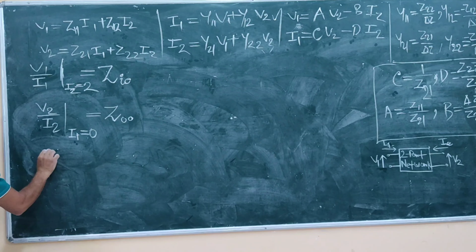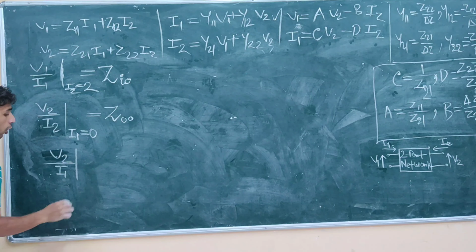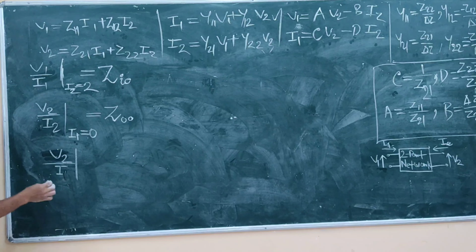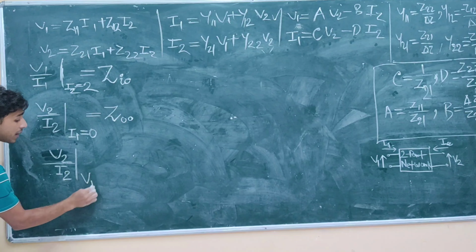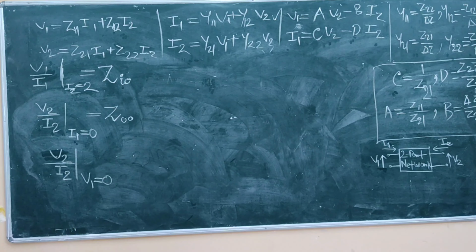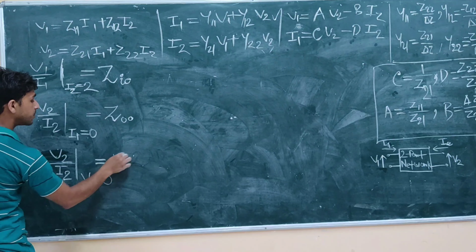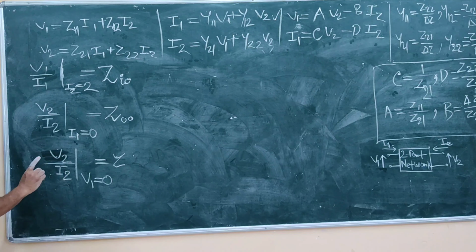Similarly, we can have V2 divided by I2 when V1 equals 0. How will you get V1 equals 0? If you short circuit the input, if you short circuit the battery, you will have 0 voltage. So at the source, if you have 0 voltage, you symbolize this by Z. These are input, output terms.